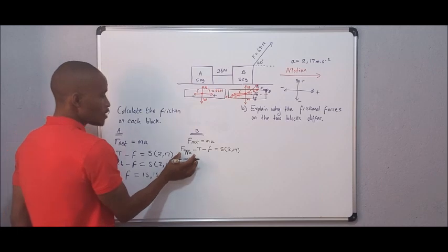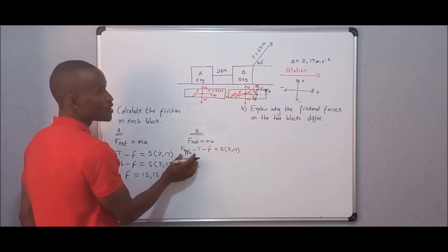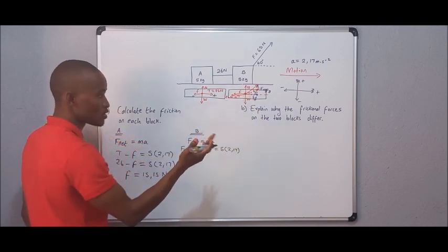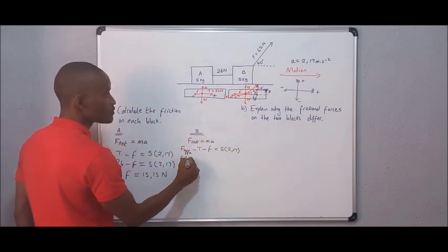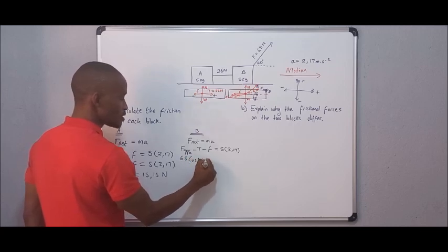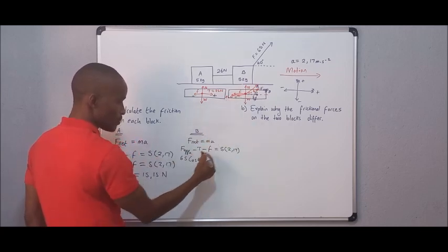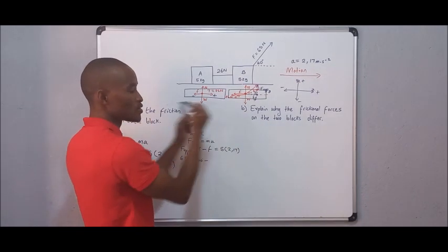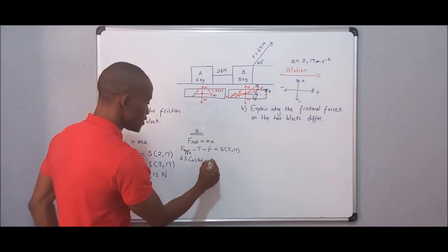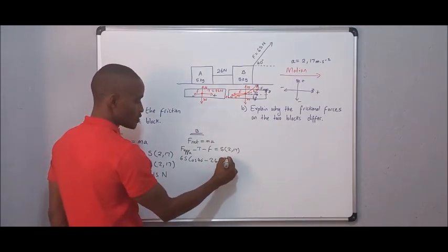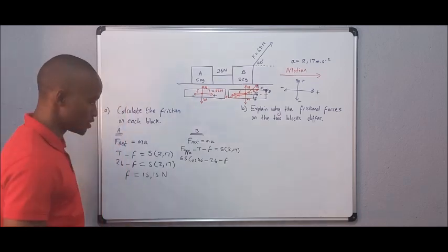Okay, the applied force, we can get the x component here, because we're given the magnitude is 65 and the angle there. So by using trigonometry, we have 65 cos of 40 degrees. The tension is the same, but the negative takes care of that for us in terms of what I just demonstrated in the beginning of this lesson. It's a minus 26 newtons, and then we're looking for the friction.